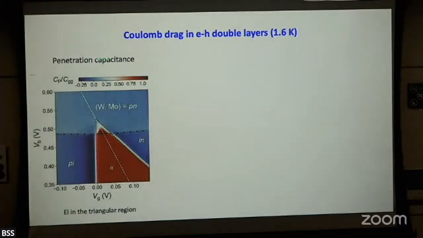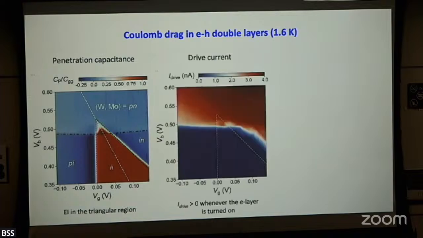This is already a different device. Again, in this black dashed triangle is the excitonic insulating phase. Now if I drive one layer, in this case the electron layer, you see current showing up when the electron layer is doped.